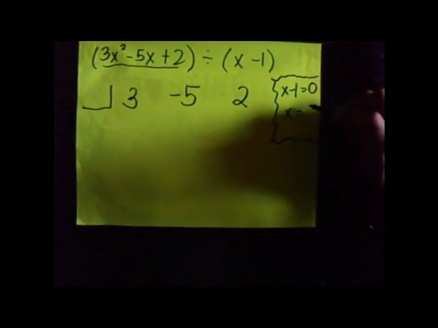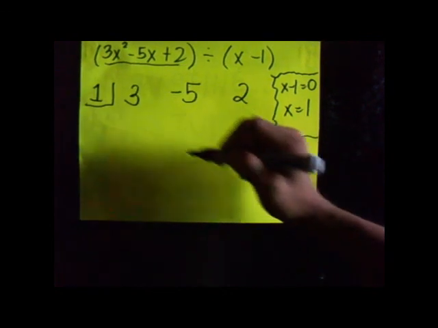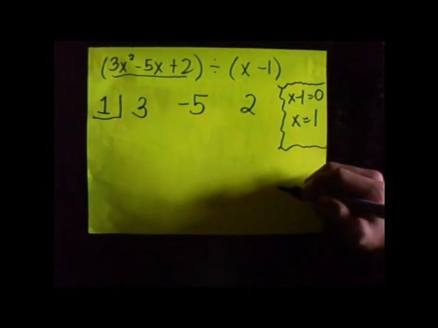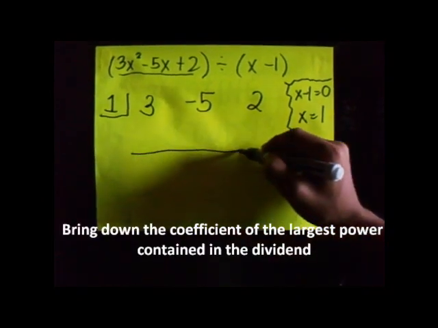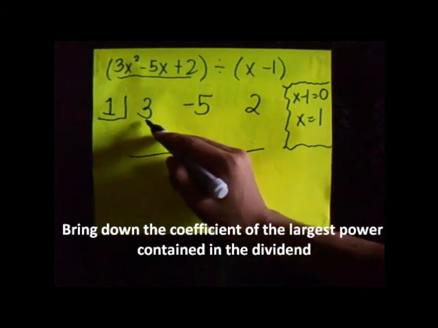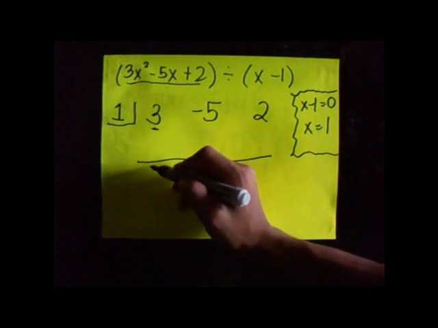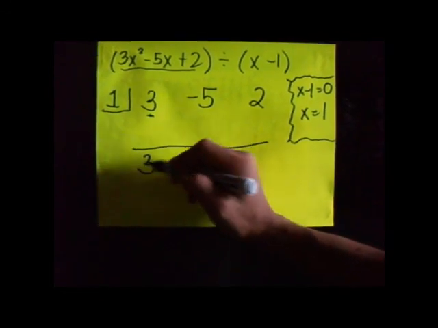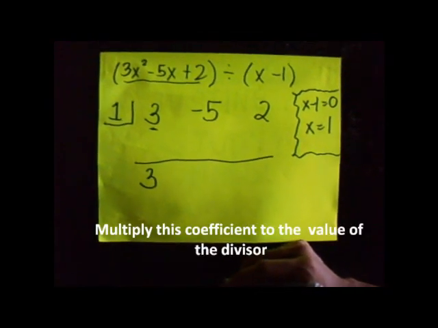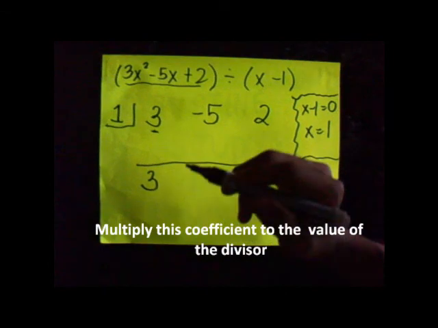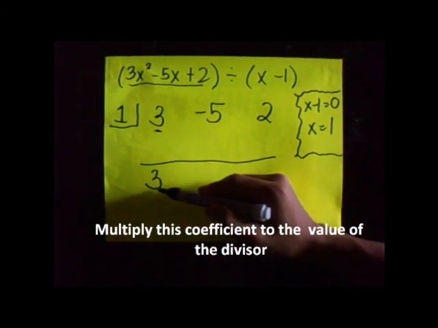Therefore, we just write 1 here. After that, we bring down the numerical coefficient of the first term of our dividend, which is 3, right here. Just leave a space above the 3. Okay? Then, we multiply our divisor, that is 1, by the number that we had just brought down earlier, which is 3.